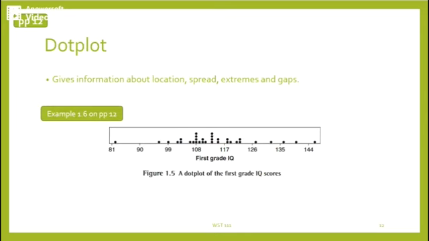The next type of plot that we're going to look at is the dot plot. This is mostly for smaller data sets. Such a plot gives us information about the location, spread, extremes, which are also known as outliers, and gaps.